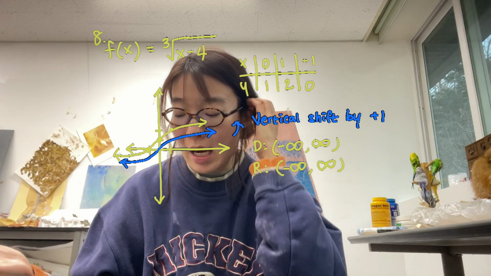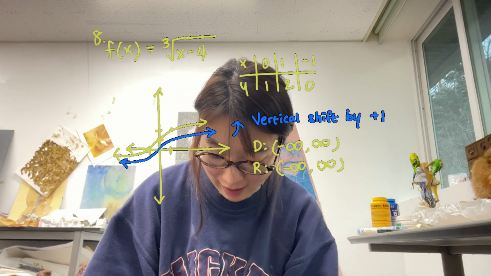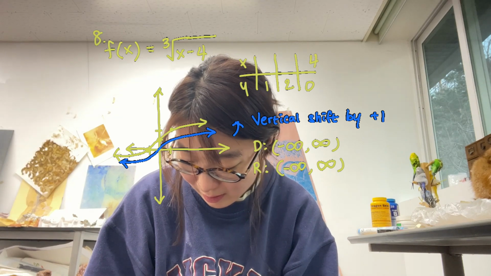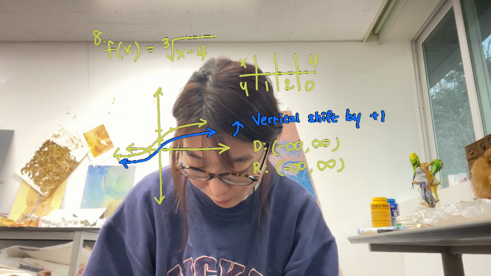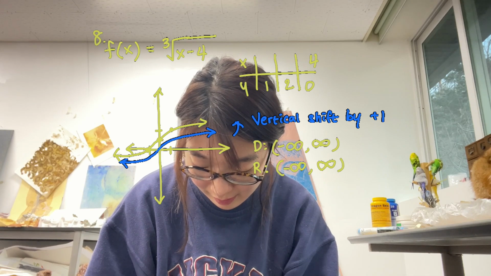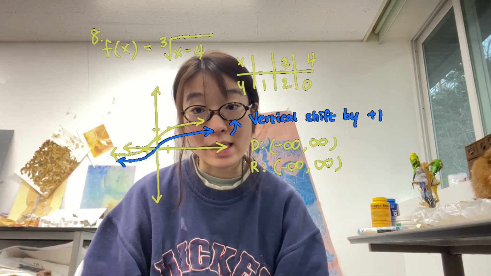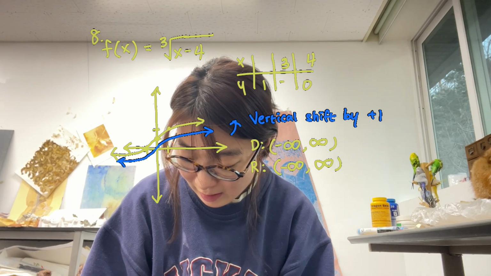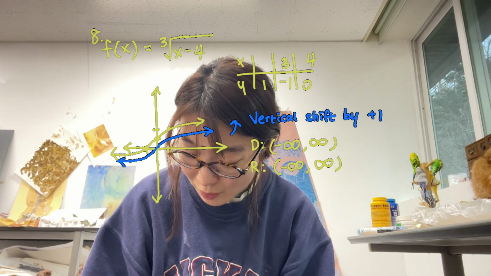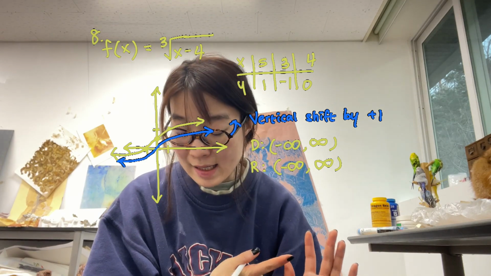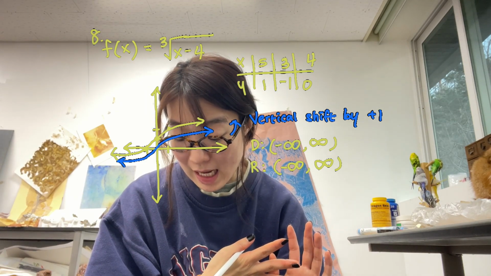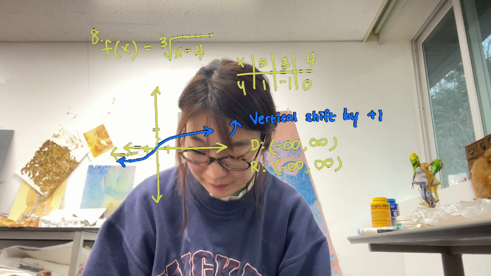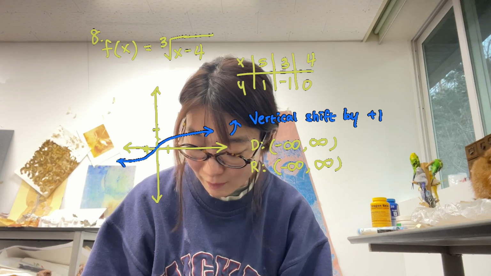But let's take a look at number 8, when we have x minus 4. Now we know that this means a horizontal shift. When x is 4, y would be 0. When x is, let's say, 3, my y would be negative 1.